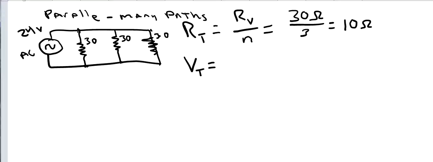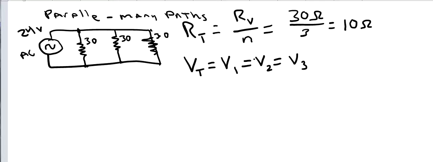Therefore, the voltage across each of these loads is going to be 24 volts. And we express that by saying that the total voltage equals the voltage across resistor 1, and that's going to equal the voltage across resistor 2, and so forth.